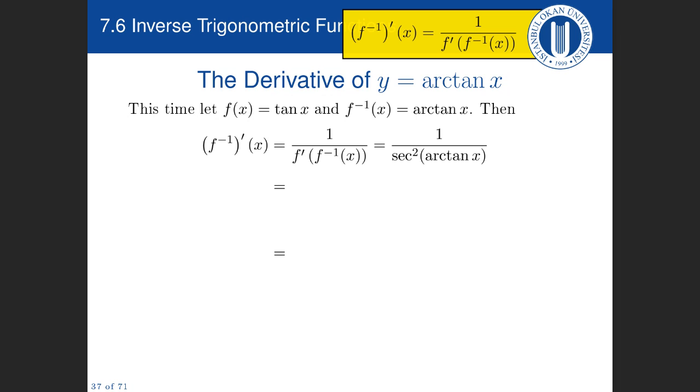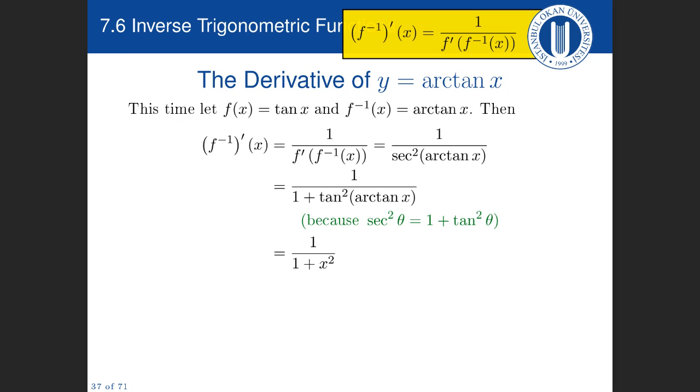Again, I want to simplify this, using the formula sec squared is equal to 1 plus tan squared. But then we have tan of arctan of x, and that's just x. So we get 1 over 1 plus x squared.